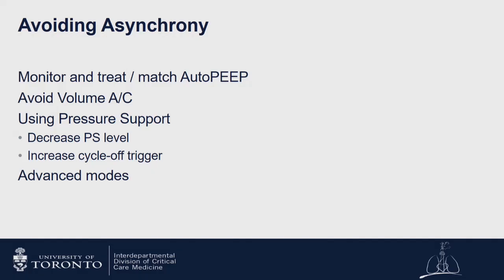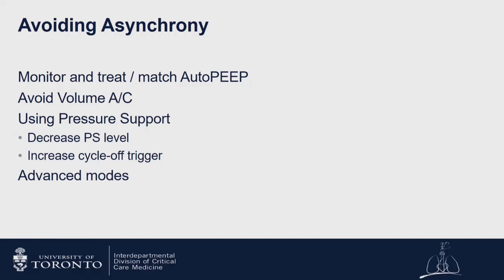If you're trying to maximize synchrony during pressure support, just as we talked about last night, you want to use lower levels of pressure support because that allows the patient to help dictate the size of the breath. If you are over assisting a patient on pressure support, then all they do is trigger and the rest is determined by the ventilator. They have no option there.